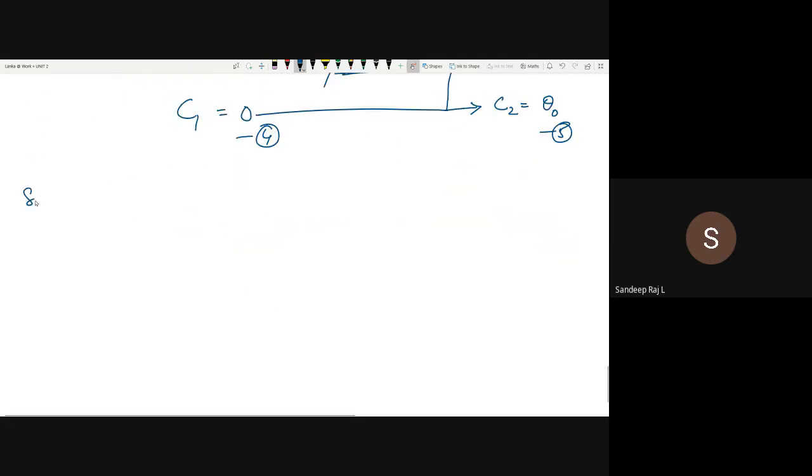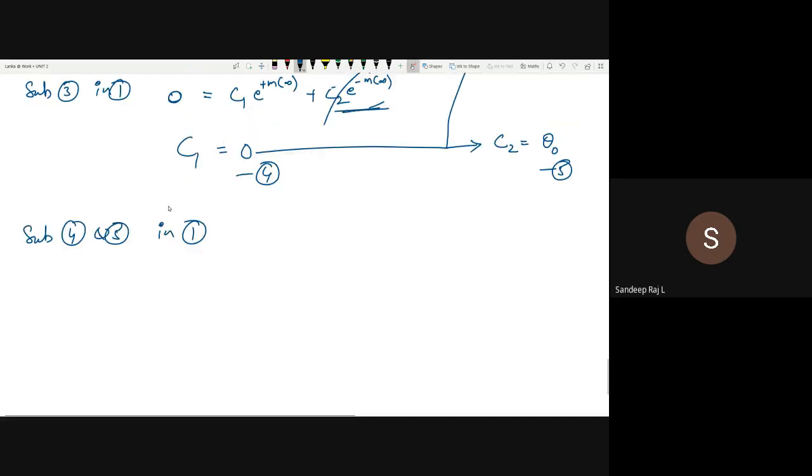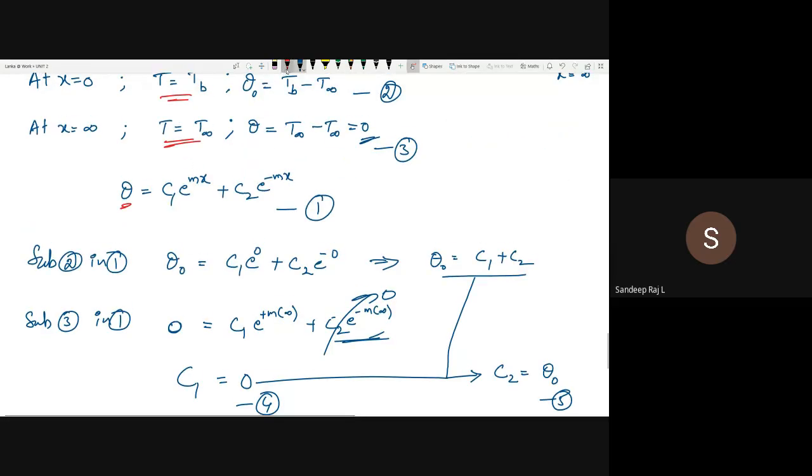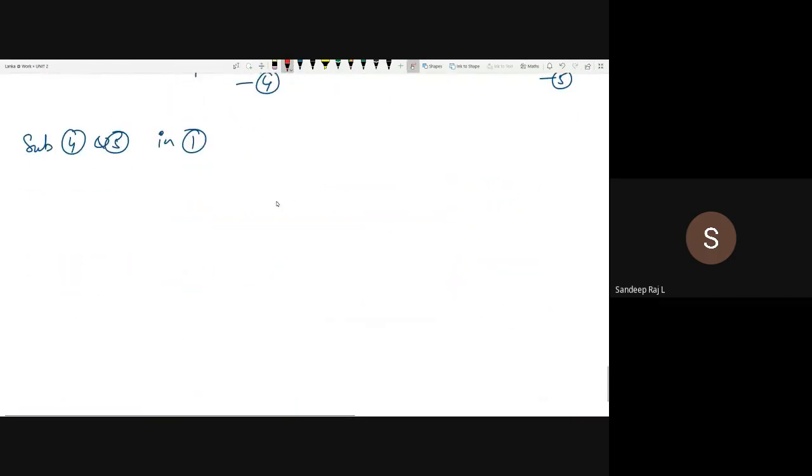Now I'll substitute 4 and 5 in 1. This C1 will become 0, and the C2 value I'll get as theta naught. So theta is equal to 0 plus theta naught into e power minus mx. Essentially, theta by theta naught is equal to e power minus mx.